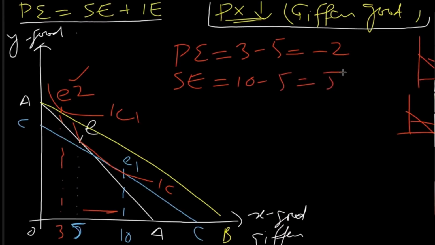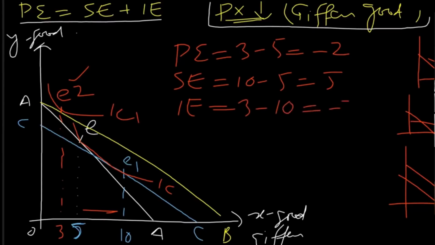And now we will have to find out income effect, and income effect is shown with two parallel lines, and in this situation two parallel lines are BB and CC. On these two parallel lines one equilibrium is taking place at quantity 10 and the other equilibrium is taking place at quantity 3. So 3 minus 10 is equal to minus 7.